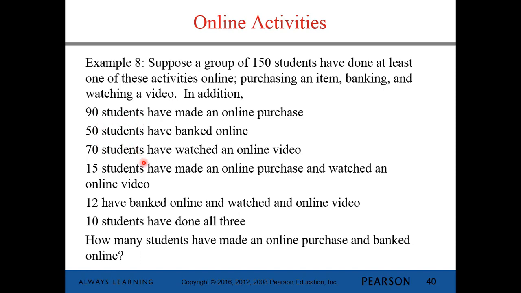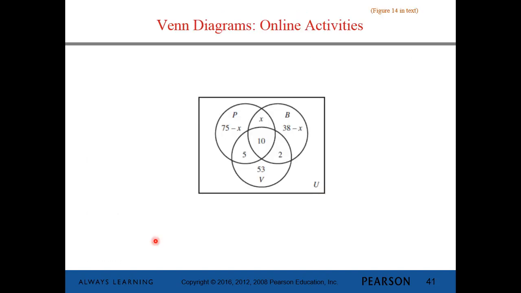Is there any other information here that we can use? Okay, well, in this case here, we've got X we have to figure out. So what do we know? We know that all of the regions have to add up to 150.